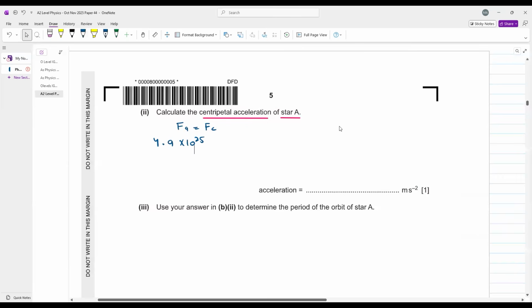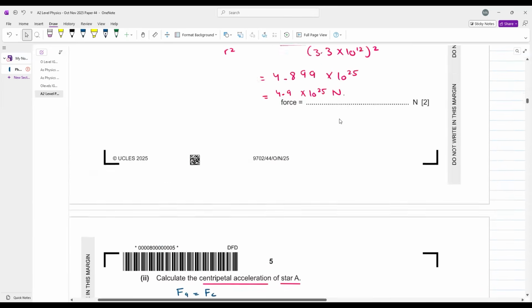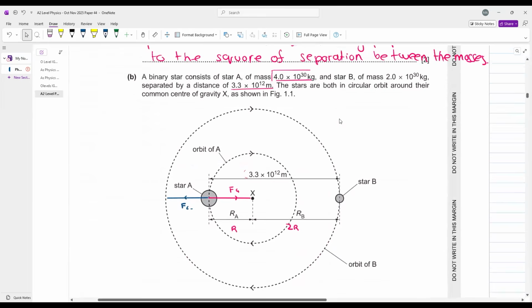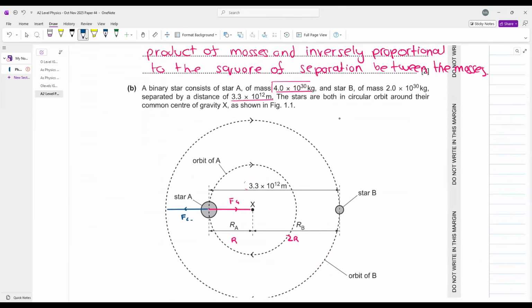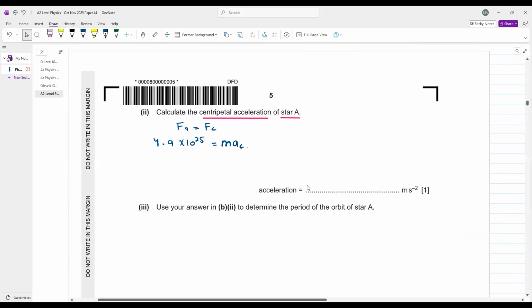How will you write the formula of centripetal force? Mass into centripetal acceleration. The mass of star A is 4 into 10 raised to the power of 30. So 4.9 into 10 raised to the power of 25 is equal to 4 into 10 raised to the power of 30 times the centripetal acceleration.